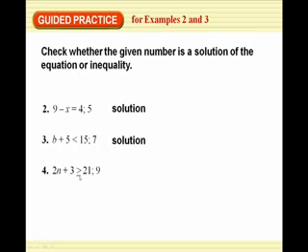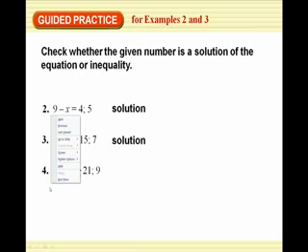2n plus 3 is greater than or equal to 21, and there's the 9. I'm going to substitute in 9 right there.